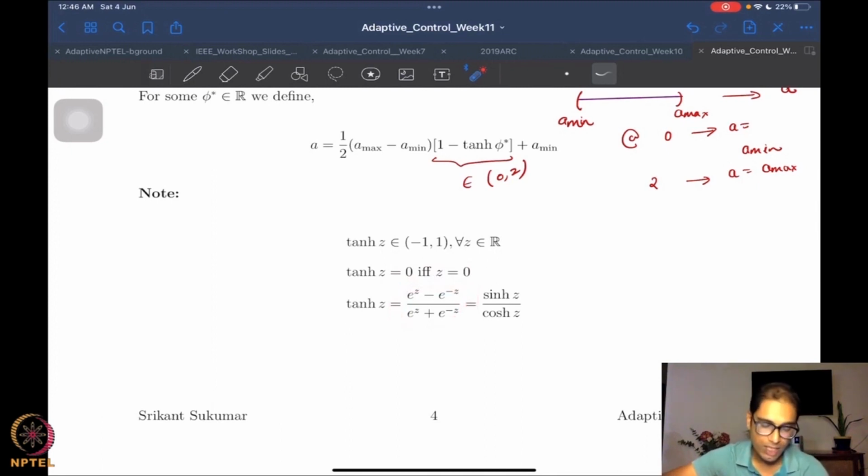You get tan hyperbolic equal to 1 when z goes to infinity, and you will get it as -1 when z goes to minus infinity. Because when z goes to infinity, these two are 0, so these two become 1.